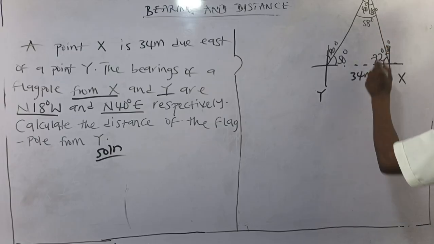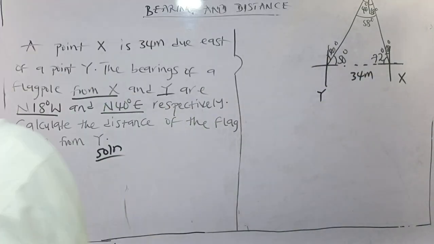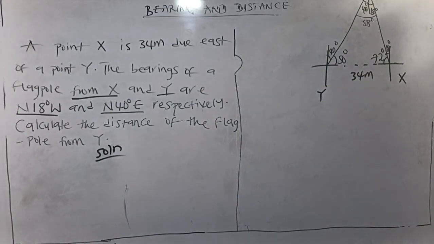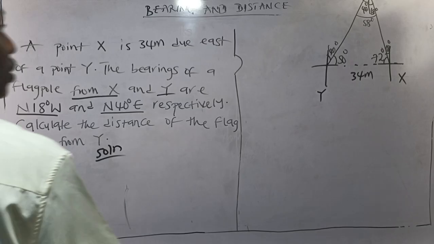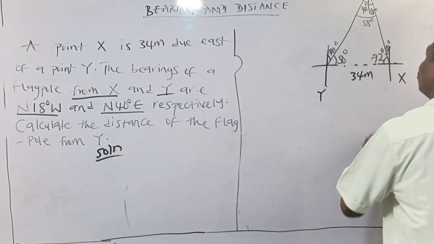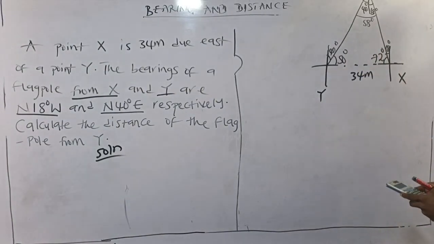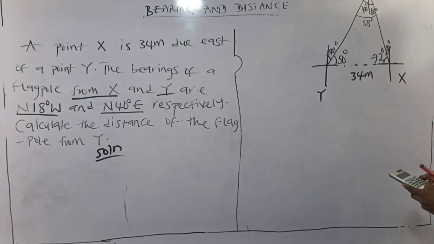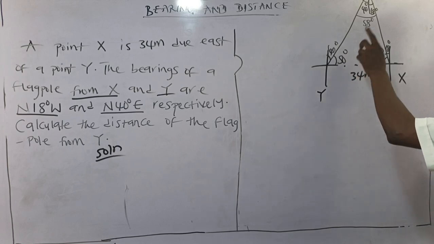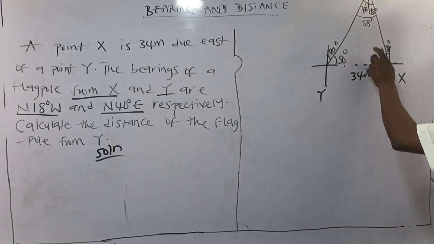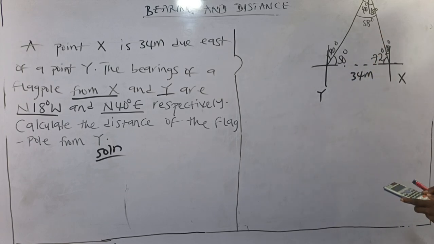So I have 18 plus 40 giving me 58 degree. If we check the sum of angles in a triangle, this total will give me 180. So 50 plus 72 plus 58 gives me 180. You see it. Even if I say 180 minus 50 minus 72, it still gives me 58.